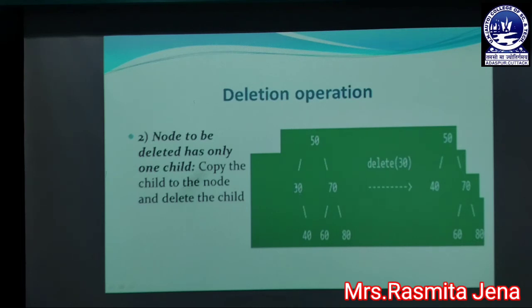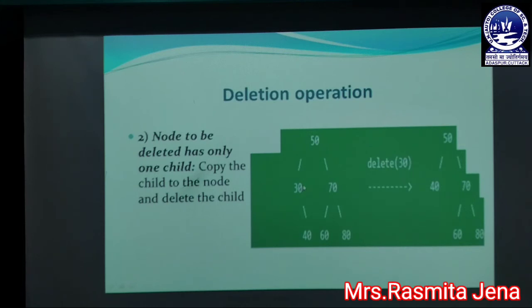So, when we delete the node 30, we simply move the child node of that node to its original parent node position. When we remove 30 from this location, 40 will move up to its parent node.